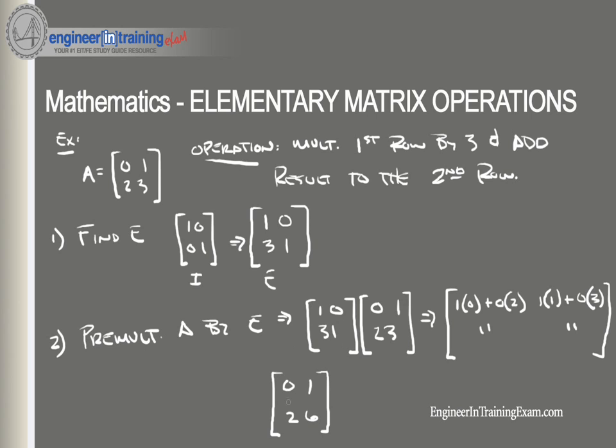Now these were all simple examples of how to carry out elementary row operations, and this is the basic, fundamental process, so you can carry them out on more complex matrices, like when you find the inverse of a matrix, or solve simultaneous linear equations using matrices.